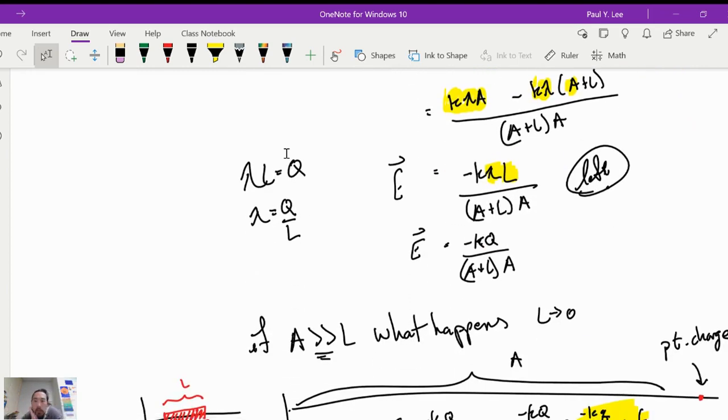Now, it's important because the E field does have direction. You include that in your final answer. So our final answer for the E field is pointing to the left. And that will come back into play in later videos where we have to take a look into the symmetry of the E-fields. And those symmetries will actually be very helpful for us.